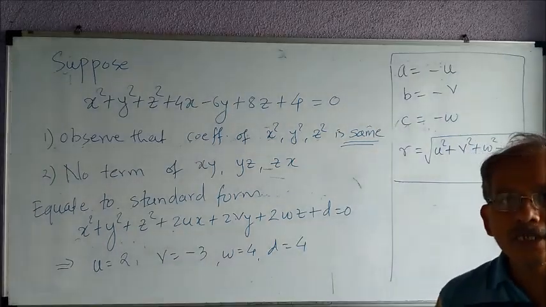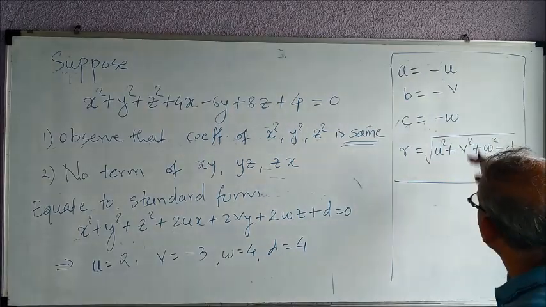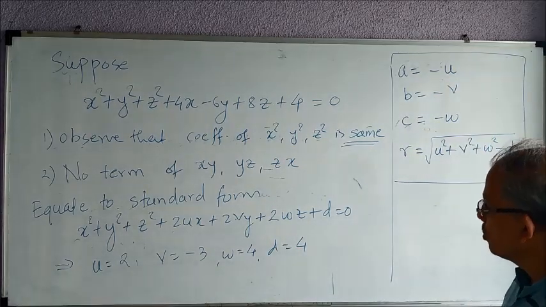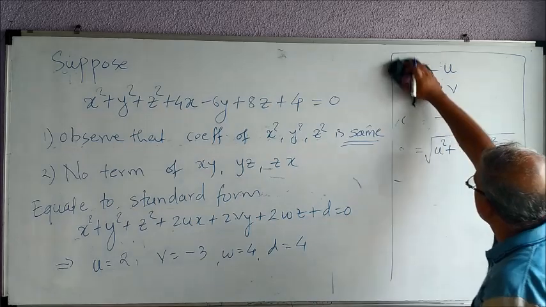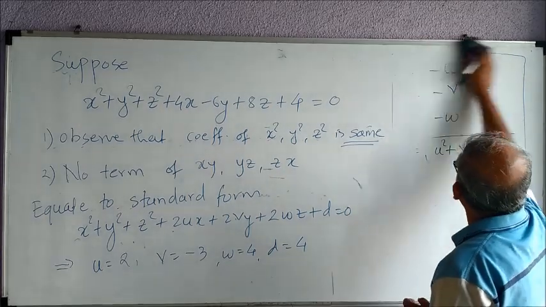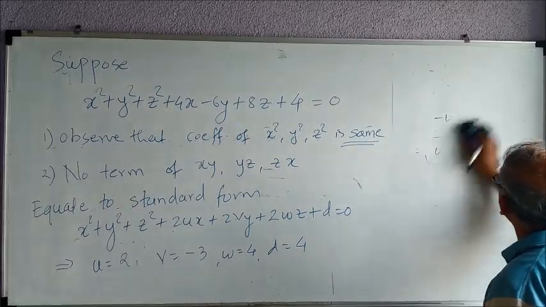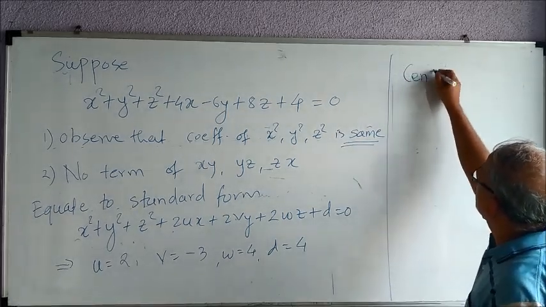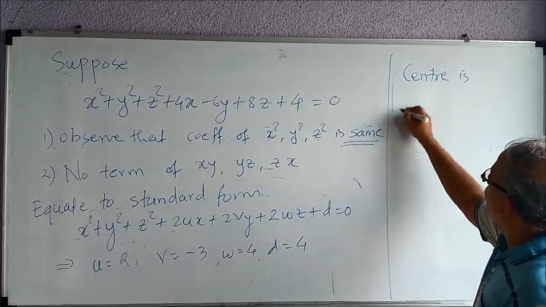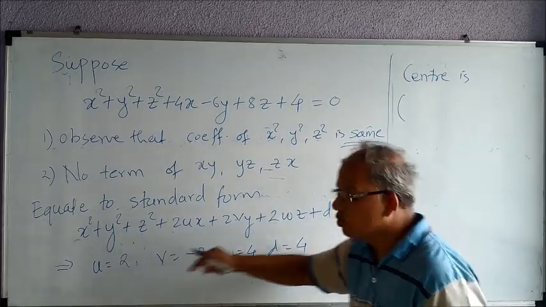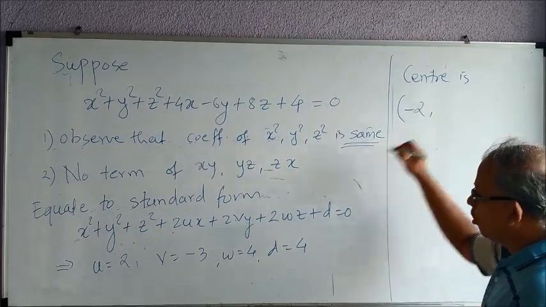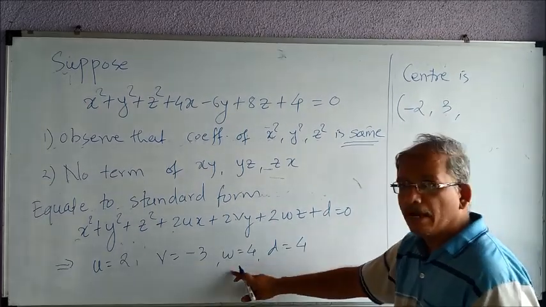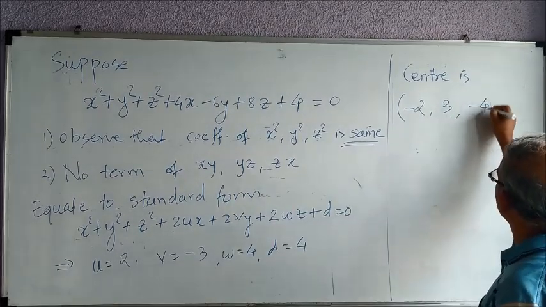Now you can see what the center is. The center is minus u, minus v, minus w. So the center of this sphere is minus u, so it is minus 2, comma minus v, so it is plus 3, comma minus w, so it is minus 4.